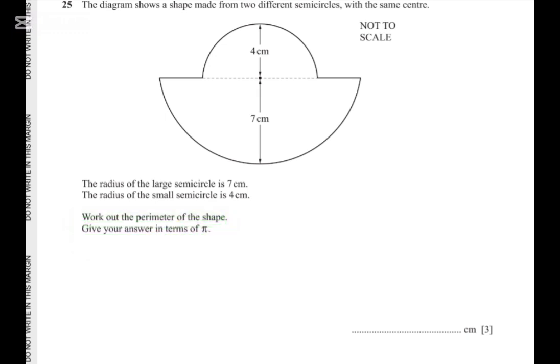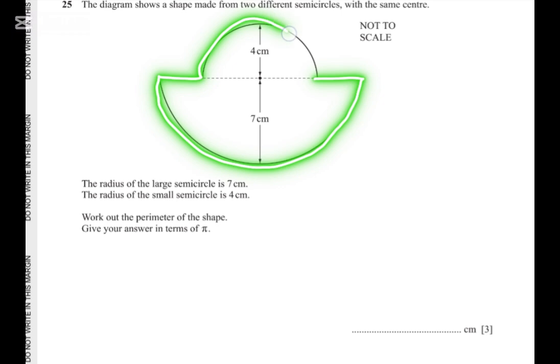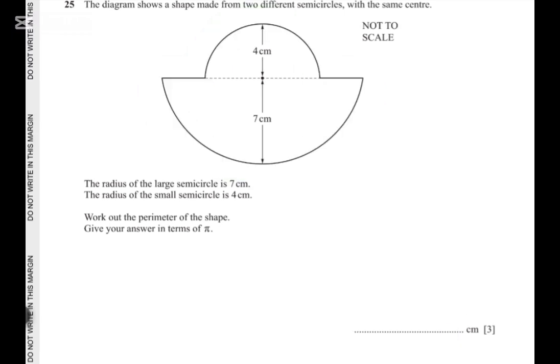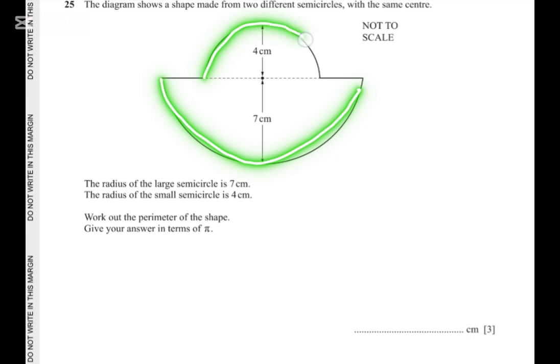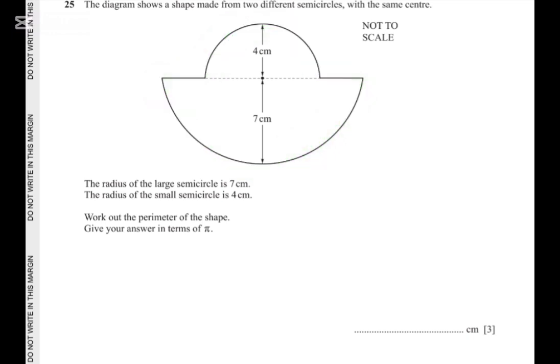So we need to work out the perimeter. Perimeter is only the outline, this part. So for perimeter, first we'll find the circumference of these semicircles and add these two extra sides which are given.